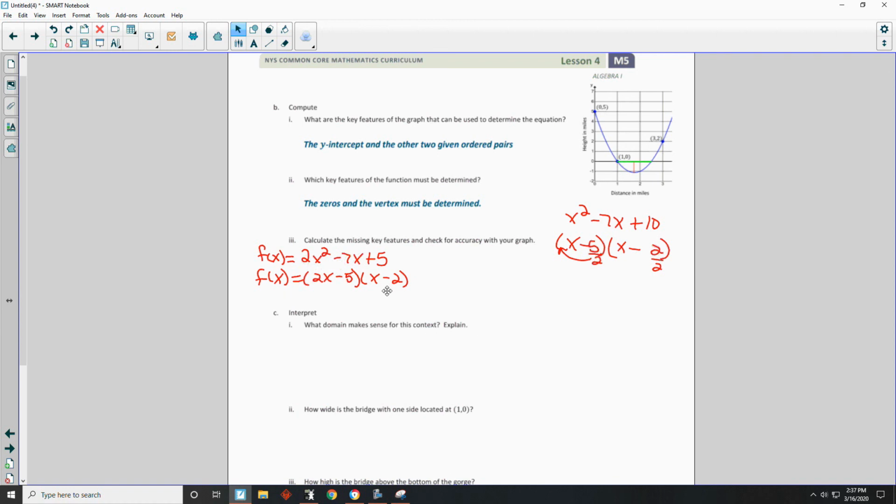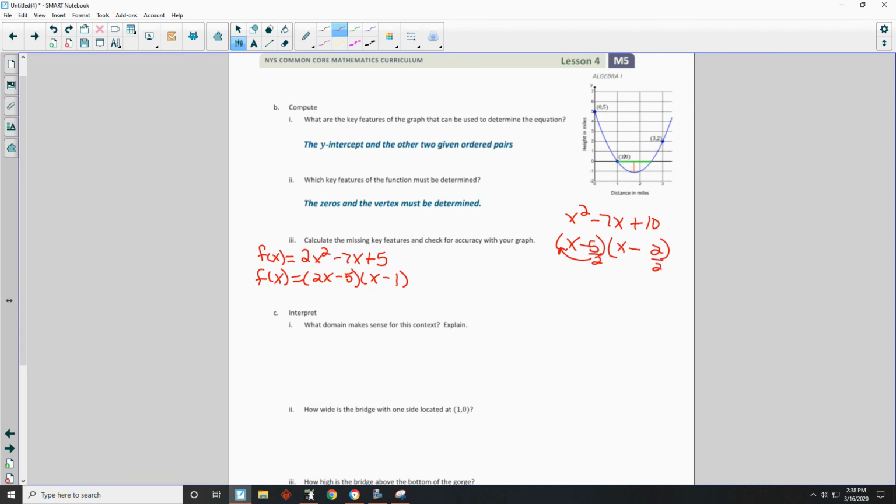So x equals 2 is one of the x-intercepts, and the other one is 2.5. Oh, I'm sorry, it's not x minus 2, is it? That's what I was getting confused about here. 2 divided by 2 is not 2. 2 divided by 2 is 1. My fault.